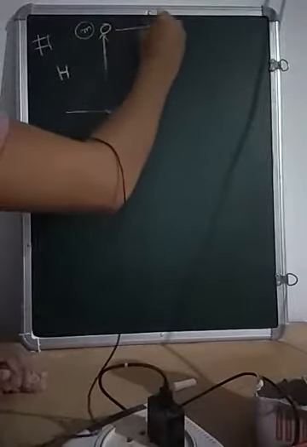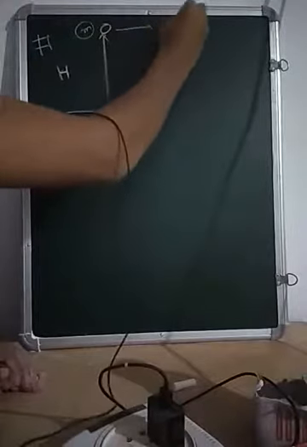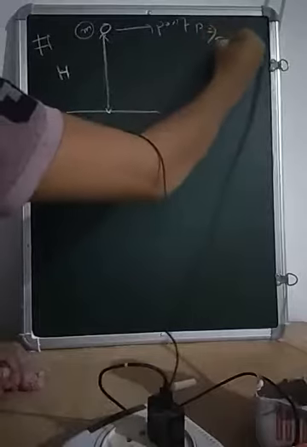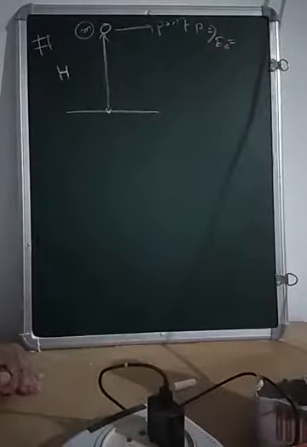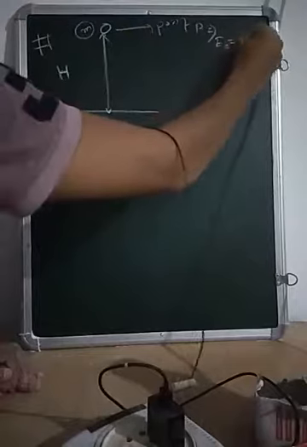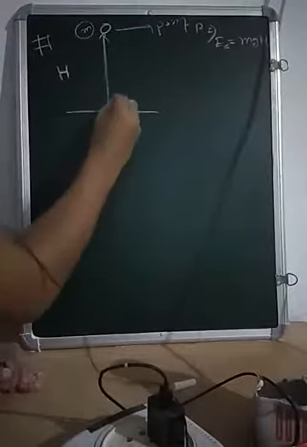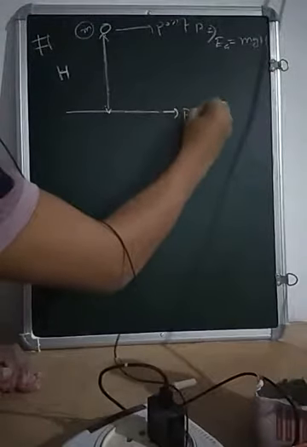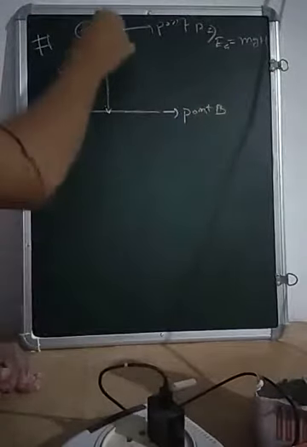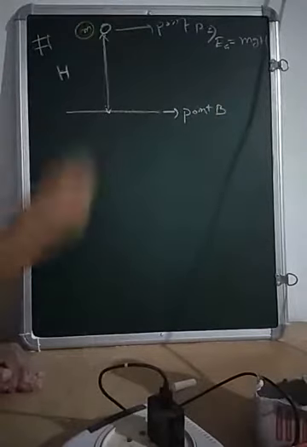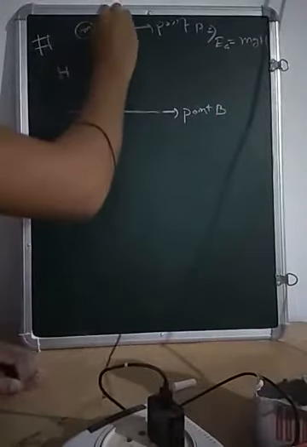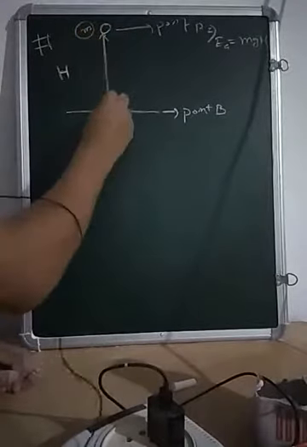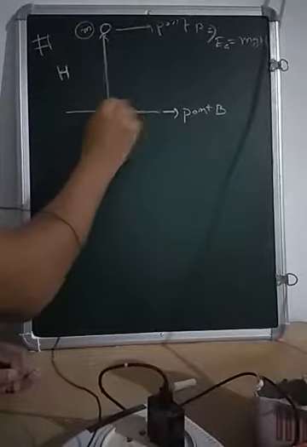So at point A, we have derived the total energy. What is the total energy at point A? mgH. And suppose this is the point B. If we drop or release the object from point A, then what is the total energy when it strikes the ground?